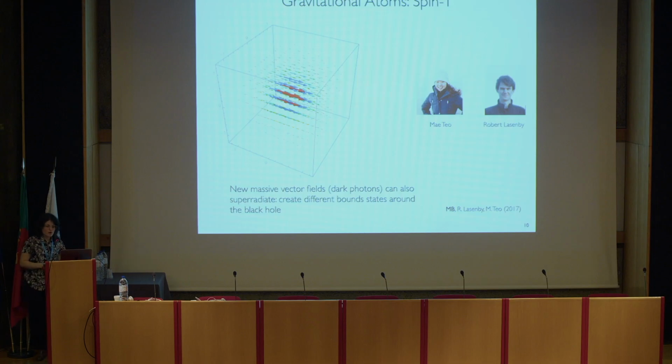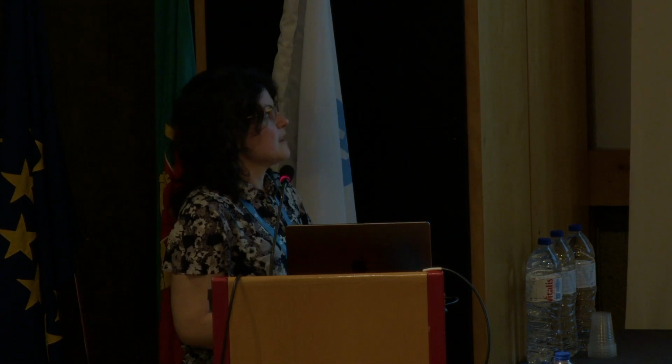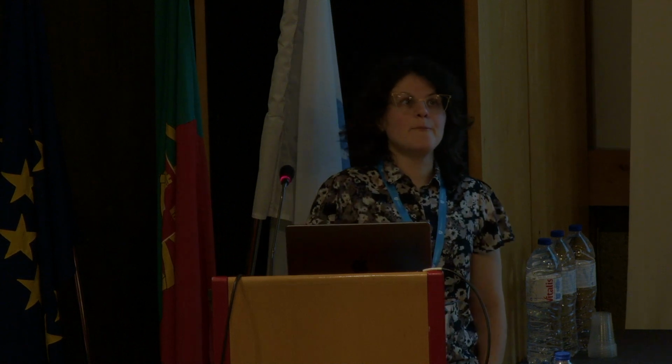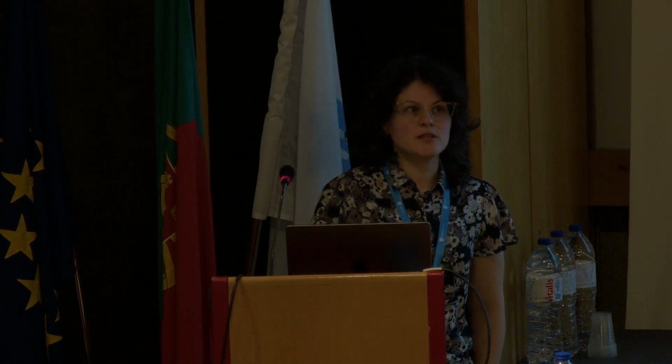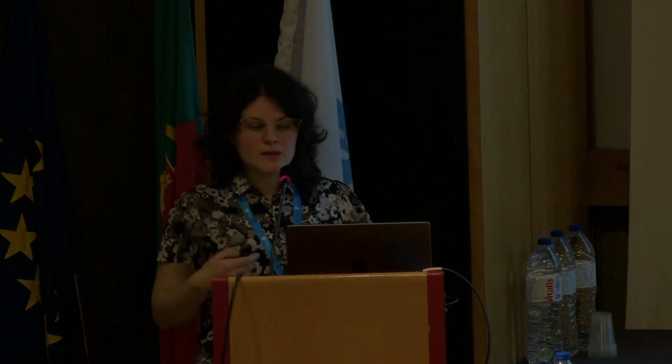So if you go beyond the scalar approximation, we can also analytically solve the spin 1 case, and now it's been done in many different interesting ways. We did it in this matching formalism that I alluded to for the scalar case with May and Robert. So basically, you think of these dark photon clouds, which now have a spin, as slightly more complicated solutions of the hydrogen atom, where now you have total angular momentum as well as orbital angular momentum.